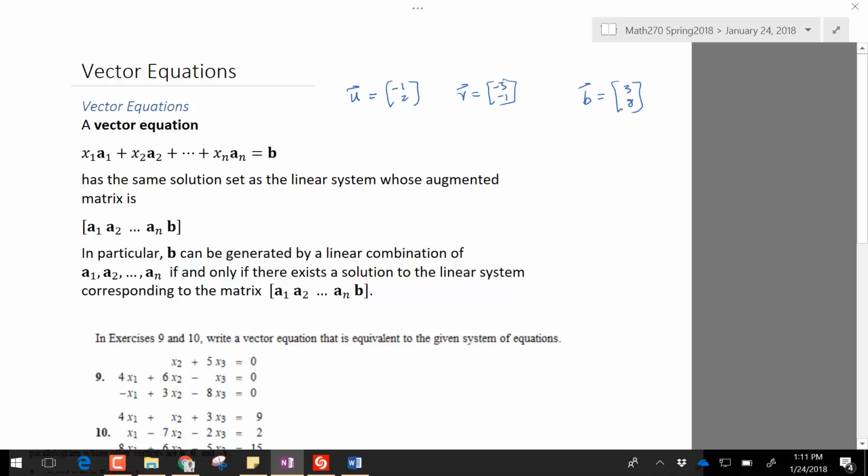So let's use this as an example and play around with this, write it in vector form, then write it in matrix form, and then maybe even eventually come up with a system that we're looking for. So the vector equation that you might pose here would be, what values of x and y, x1 and x2, I suppose you can use x and y, we'll use x1 and x2.